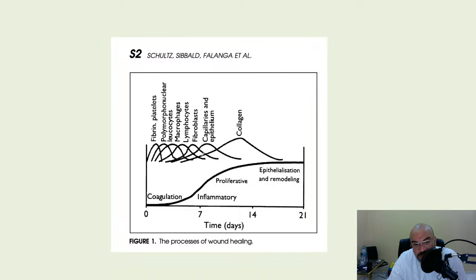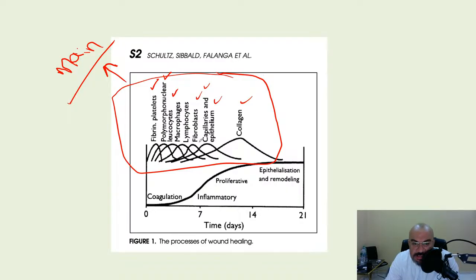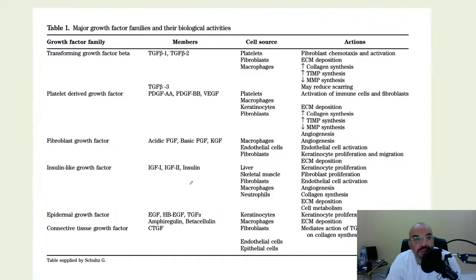The wounds will start with the initial phase of this description, but after that, in 2011, more information was discovered about the cytokines, which we called before the main players in the process of wound healing. And when one of these main players or components gets stuck, it stops the whole healing process, and this is what they suggested to be the chronicity of the wounds.